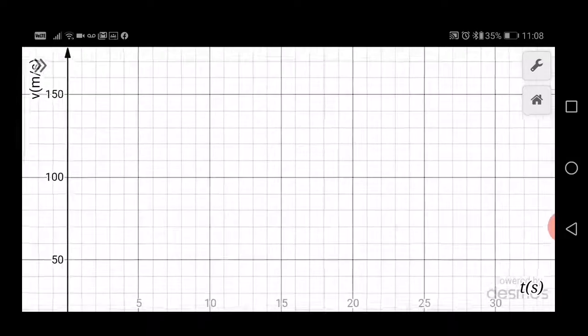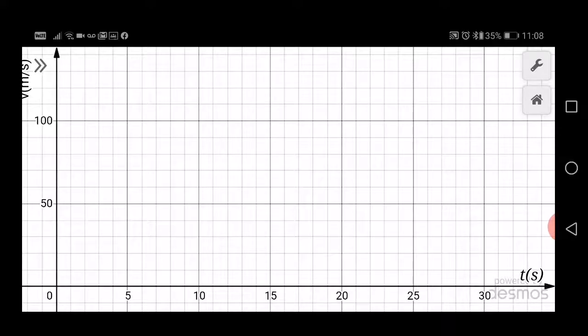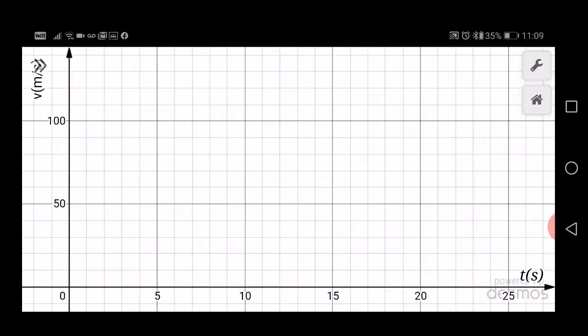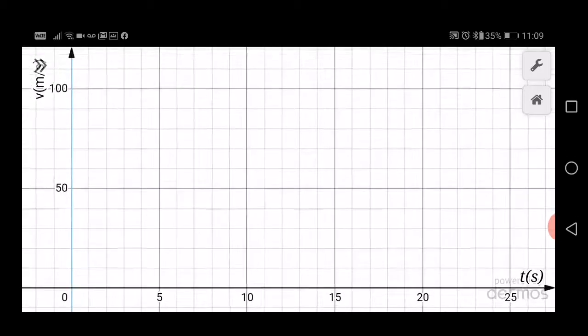Your time is in seconds, that's the horizontal axis. Your velocity is in meters per second. If you want to go from 0 to 20, perhaps this should be a little bit longer. You can probably guess that if the acceleration is 5 and the final time is 20, the maximum velocity is going to be 100. So you shouldn't get any closer than that.